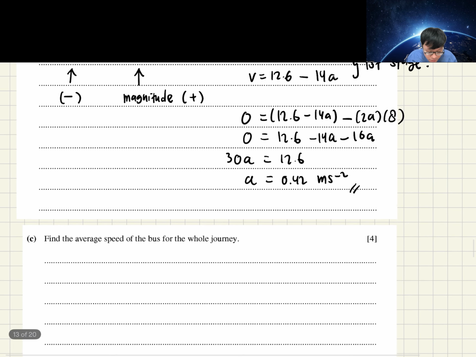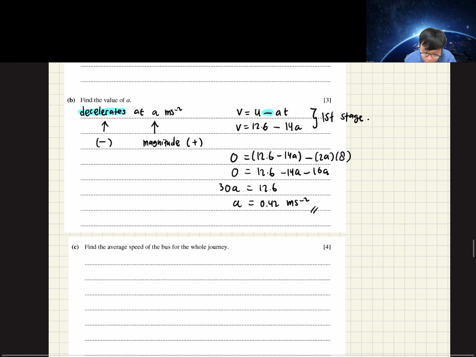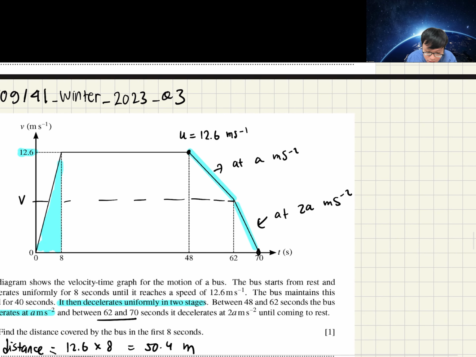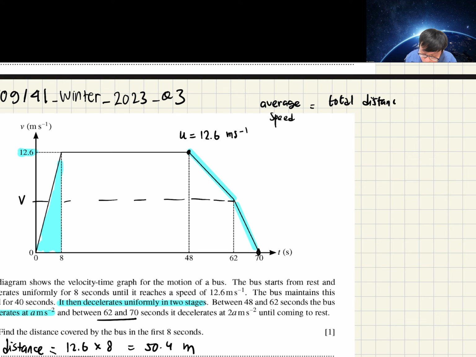The last question: we want to find the average speed of the journey. So I'll do it on top here. To find the average speed, like the previous question, we use total distance over total time. So the average speed equals total distance over total time. We already have the total time, which is 70 seconds.